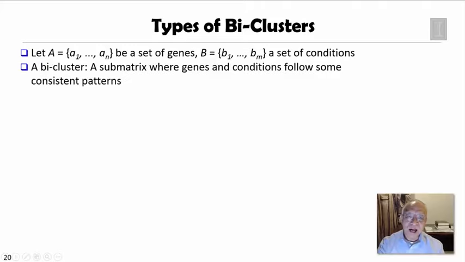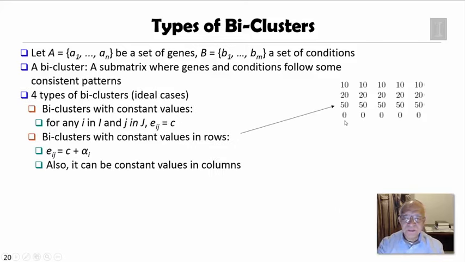Now we look at the types of biclusters. Suppose we get a set of genes and a set of conditions. The bicluster essentially tries to find a submatrix like this. The genes and conditions follow some nice consistent patterns. We can look at different ideal cases.